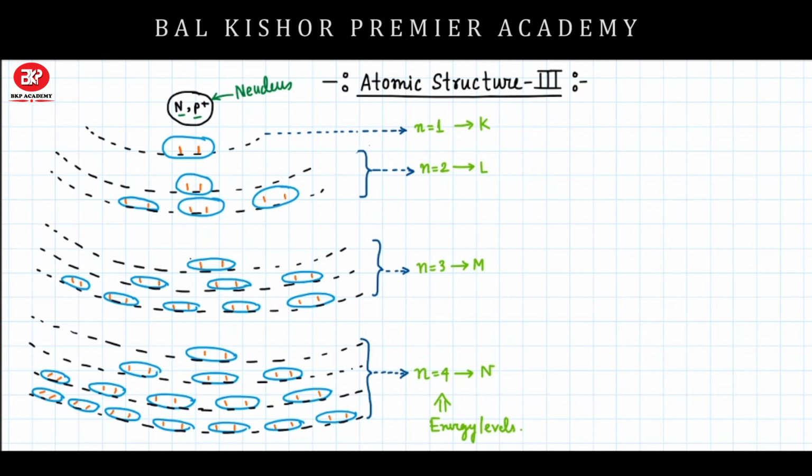These are all the energy levels of electrons. Now in each energy level we can see there are different subshells. In n equals 1, the first energy level, there is only one subshell, that is s.